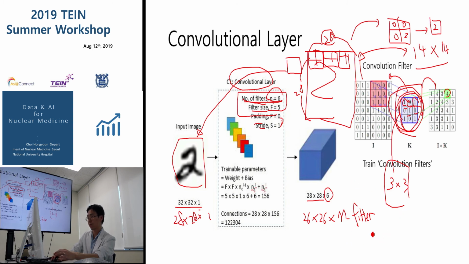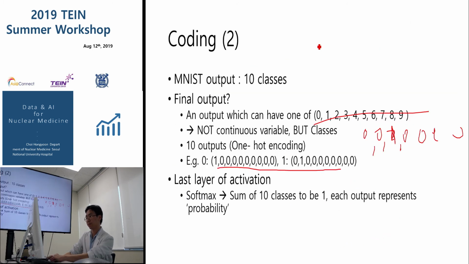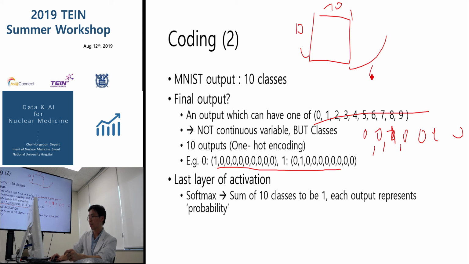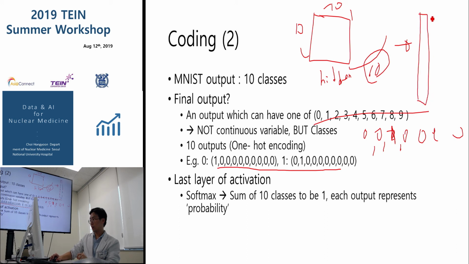So for example, if we have 10 by 10 images with 60 filters, the hidden layer output will be changed to 10 by 10 by 60. So it will be 6,000 data points, linear data. This is the flattened layer.